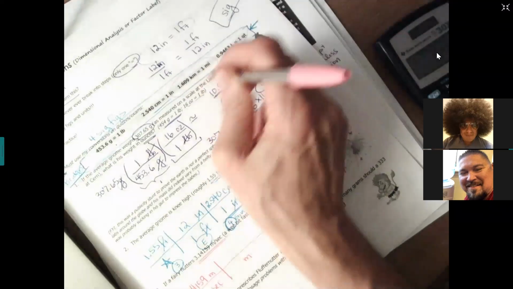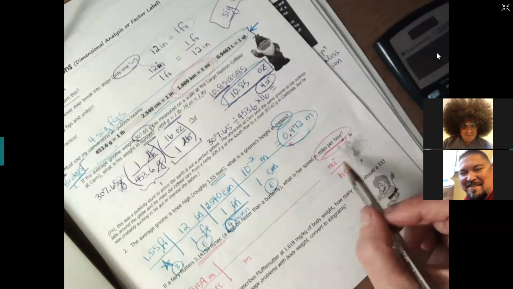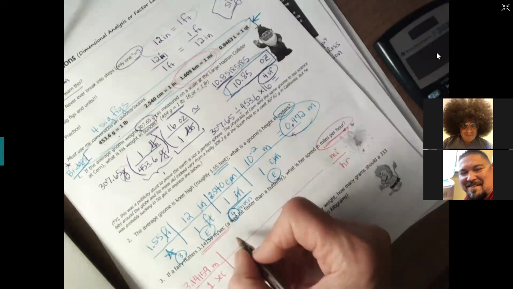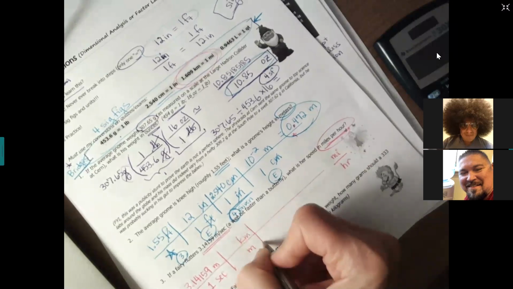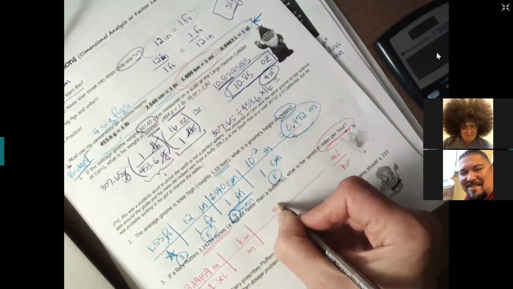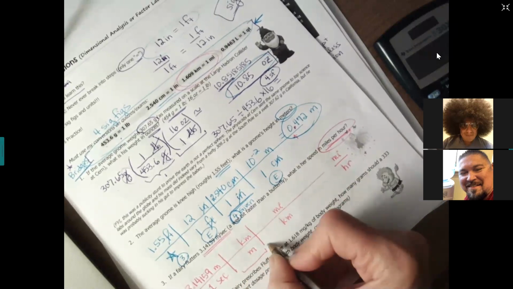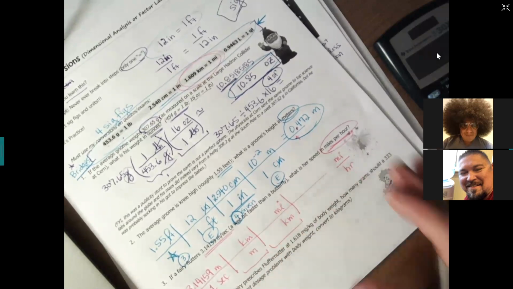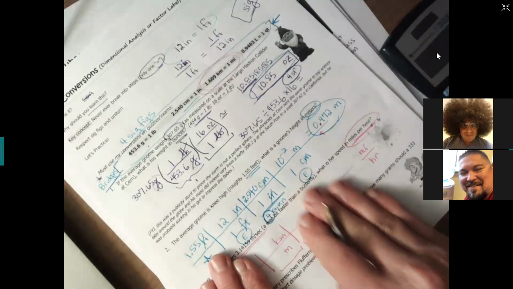And so I'm going to use this conversion of 1.609 kilometers to 1 mile because I want to get to miles. So I'm going to go meters to kilometers, and then I take my kilometers and I change it to miles. Each one of these boxes has to hold true by itself, so you're just looking vertically within that.